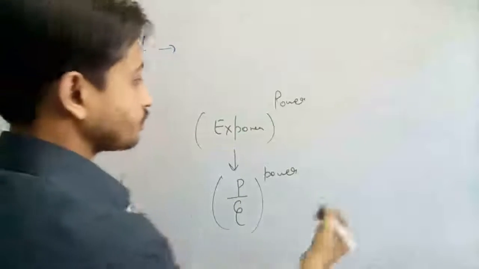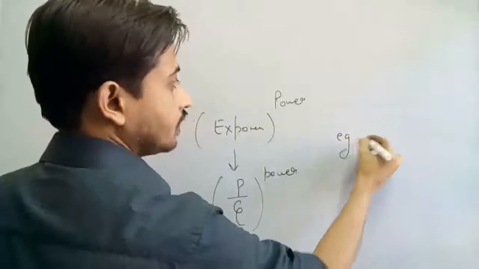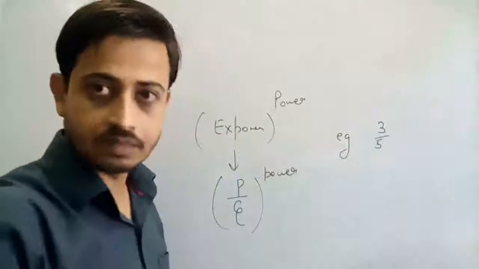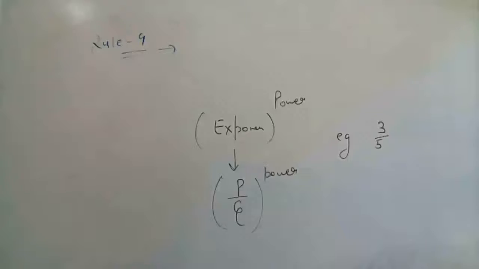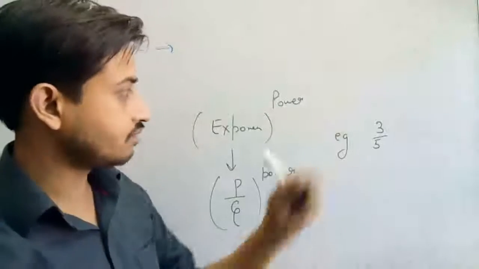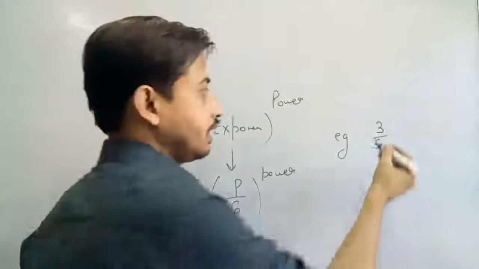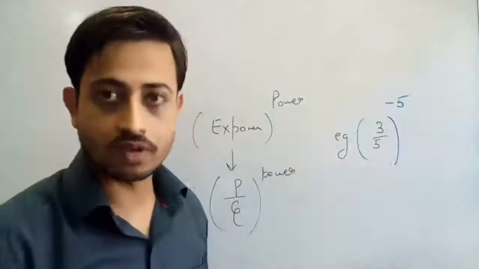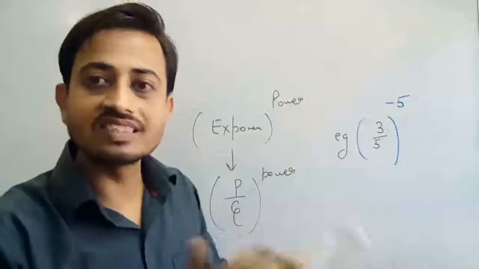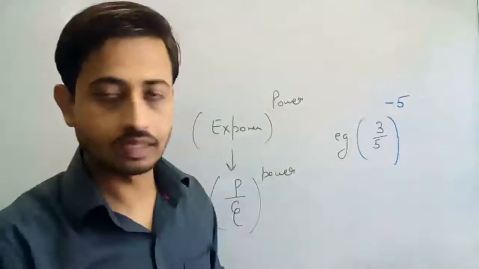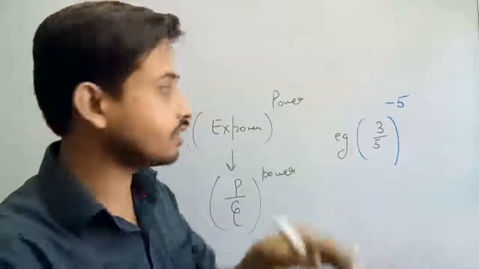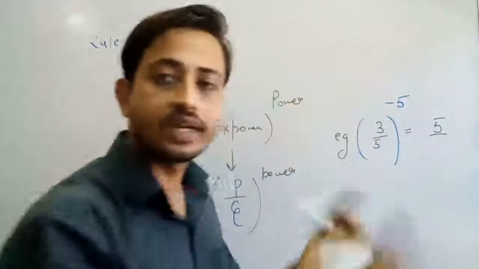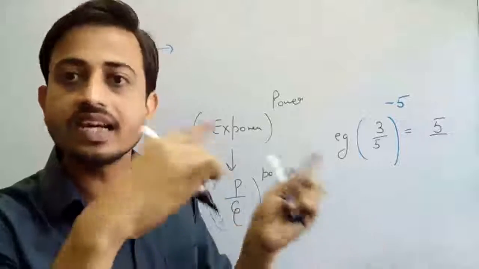What's the rule? For example, please make a note first. If we have a term 3 by 5 and its power is -5, and you take the reciprocal of the base 3 by 5, reciprocal means making the numerator the denominator and the denominator the numerator.